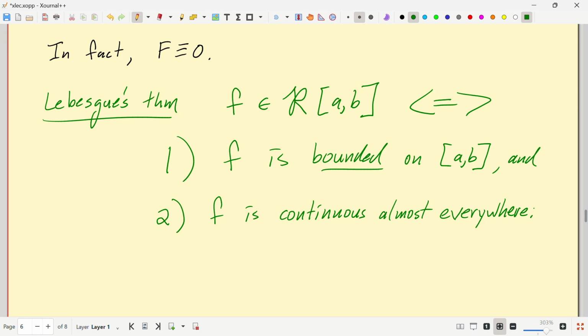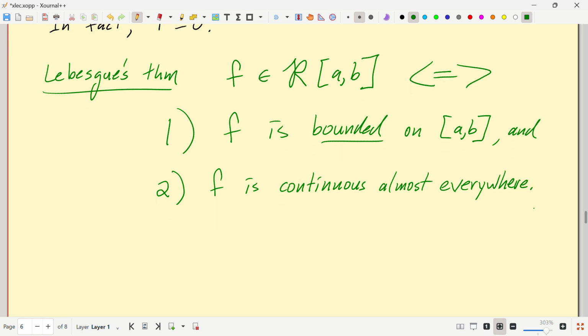So of course the Thomae function is Riemann integrable.